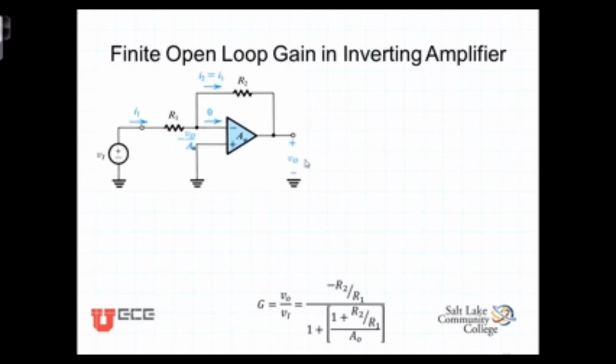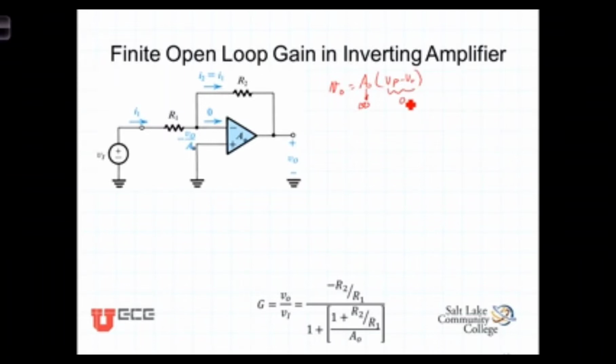The operational amplifier is a difference amplifier that multiplies the difference between Vp and Vn, or the output V out is equal to A naught times (Vp minus Vn). Again, in the ideal amplifier model, we say that A naught is infinite and the difference between the two is virtually zero.